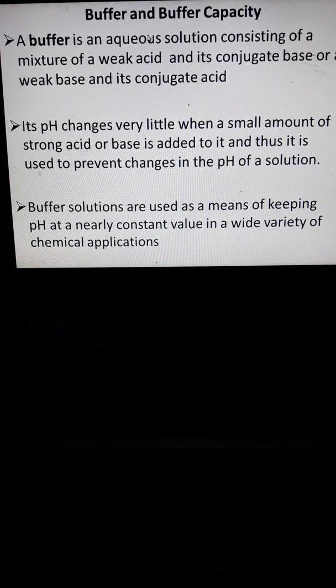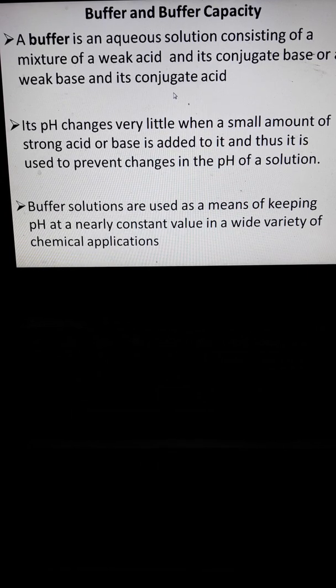When you say buffer, it is an aqueous solution consisting of a mixture of an acid and its conjugate base, or a weak base and its conjugate acid. So when there are reactions between an acid and a base, usually it is already a buffer wherein there is a conjugate base and a conjugate acid.